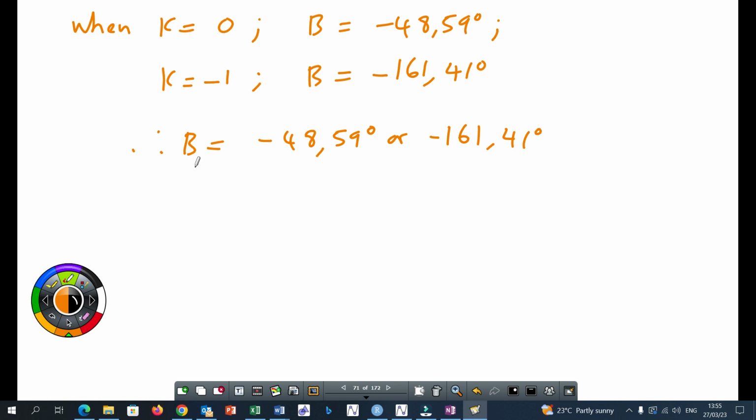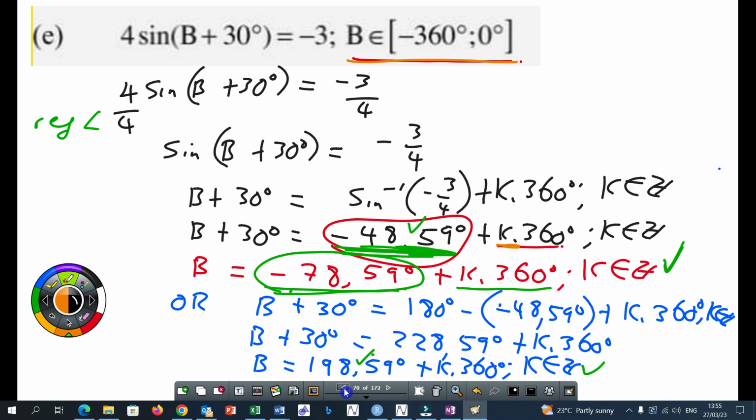Now, these two solutions are not the only ones, but they are the correct ones based on the given restriction. This is our restriction here. So if you substitute those two values where there is B in the original equation, you must get the answer on the right-hand side.